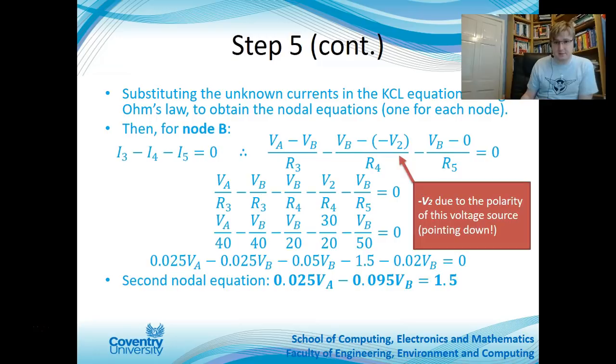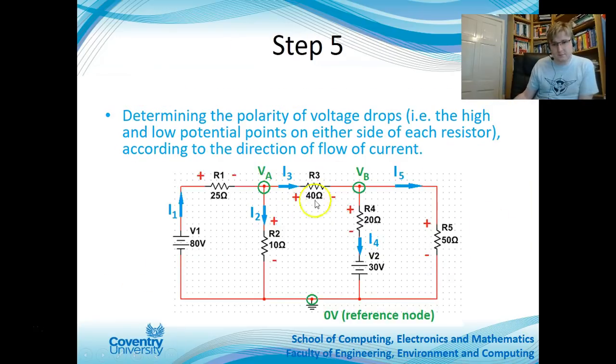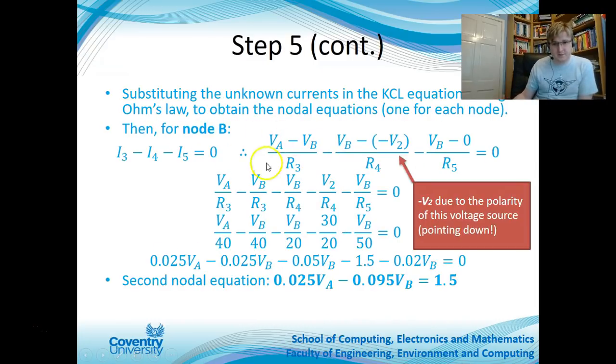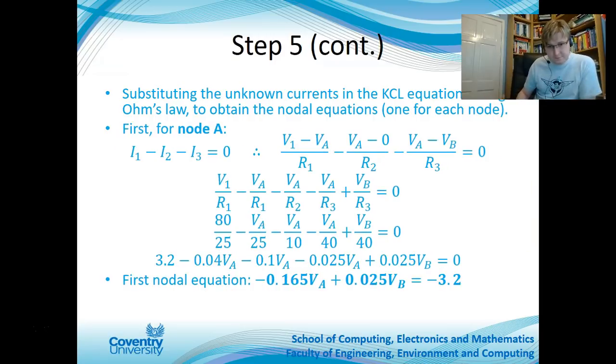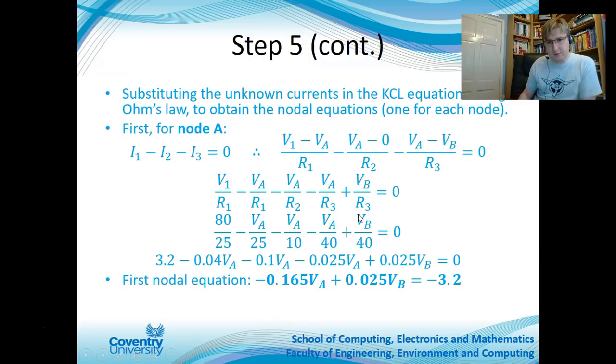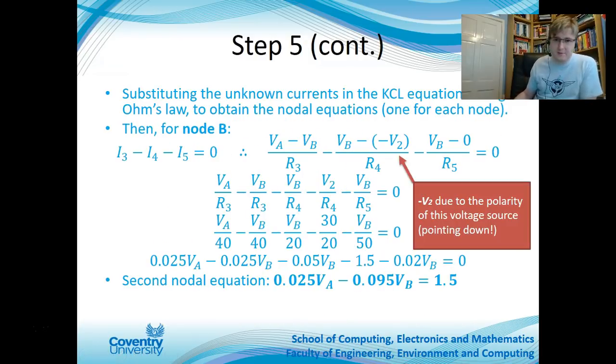If we move on to our second one now, you've already got your I3 component here, which is your VA minus VB over R3. So that's the current going in. And then you need to find I4 and I5. So for R4, you've got VB minus V2.